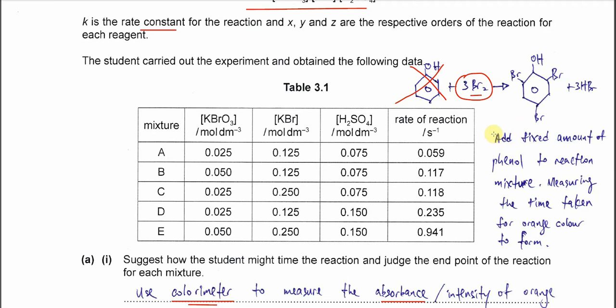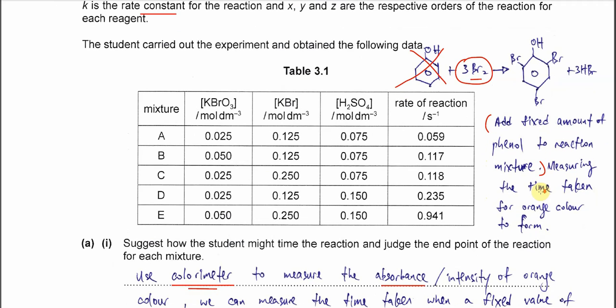So this is what you need to do. Add a fixed amount of phenol to the reaction mixture. If you use a certain amount, make sure to use the same amount for all. And of course, this shouldn't be in excess, or else you will never see bromine. Okay, so add a fixed amount of phenol to the reaction mixture.